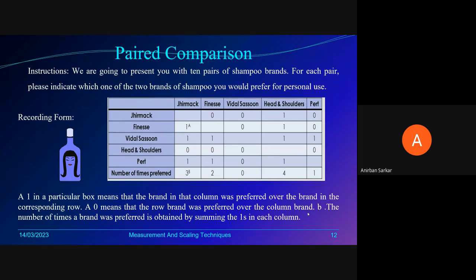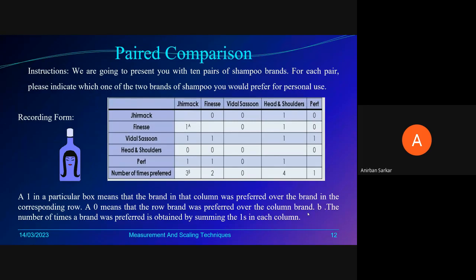So if you see column wise, you will see that some we have assigned 0, some we have assigned 1. If you have assigned 1, it means it is being preferred to that particular brand in the row.